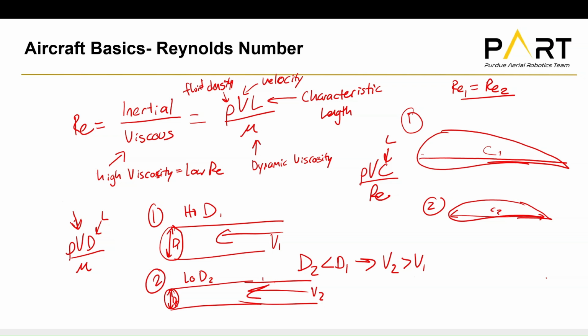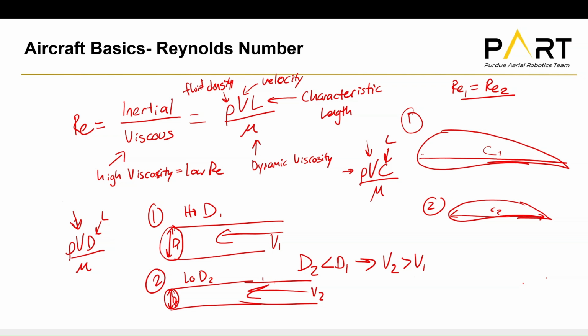Now if we want to say, okay, this plane might be smaller, but we want to see the same effects as it would have in real life, then we need to do something about our velocity. Or we could do something about our density, but generally, sorry, I don't know why I wrote RE there, that should be mu. Generally, our density and mu here are properties of the air. They're things we can't change. So we're looking at the two things we can actually change.